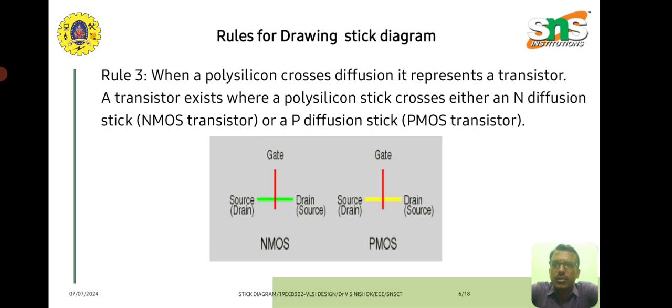In the given diagram, green crosses the red polysilicon, and when a polysilicon crosses an N diffusion, that creates an NMOS transistor. Similarly, on the right side, yellow crosses the polysilicon, which represents the PMOS transistor. So that is rule number 3.